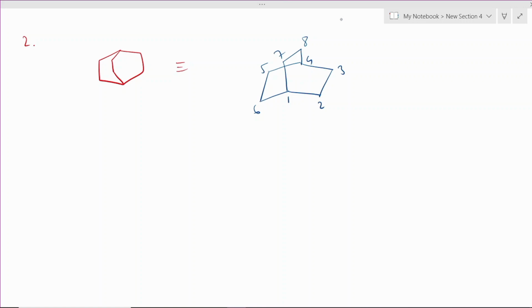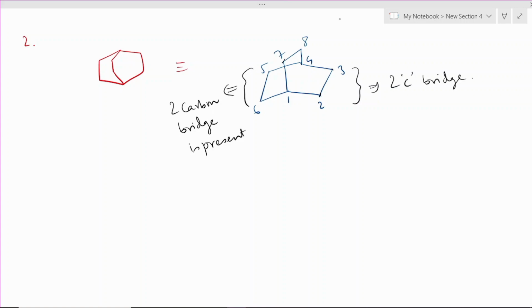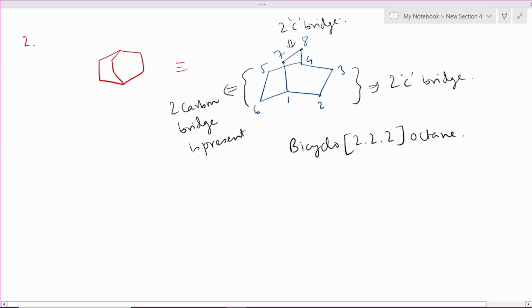So here we see that here 2 carbon bridge is present. Here also 2 carbon bridge is there, and here 2 carbon bridge is there. So the name will be bicyclo third bracket [2.2.2] octane, as the system contains 8 carbon atoms, so it will be octane.